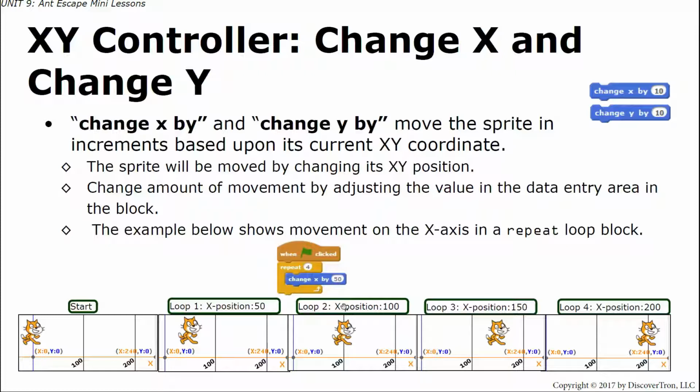So we added 50 to this movement. We go through the third loop, the cat's now at position 150. And then in the fourth loop, the cat is at a position of 200. So it's moving 50 steps each time through the loop across the x-axis. That's changing the x by a certain value. Now we're not using this specific code in our program, but I wanted you to see what's taking place with this change x by.